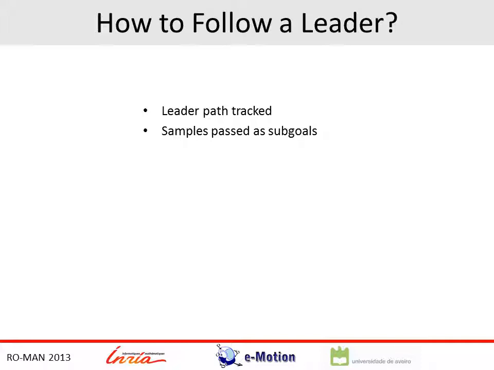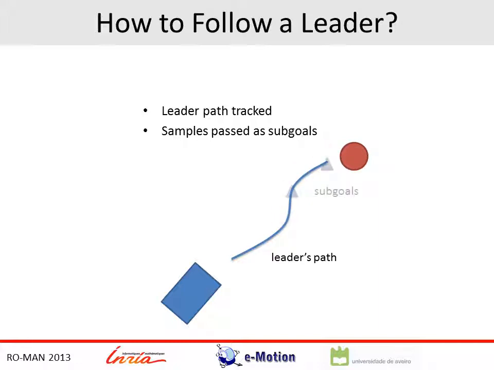Once a leader is detected, its path is going to be tracked. So here we can see a representation of the robot and a representation of the leader that has been chosen. This is the leader path that has been recorded. We're going to take samples of this path and use them as sub-goals.